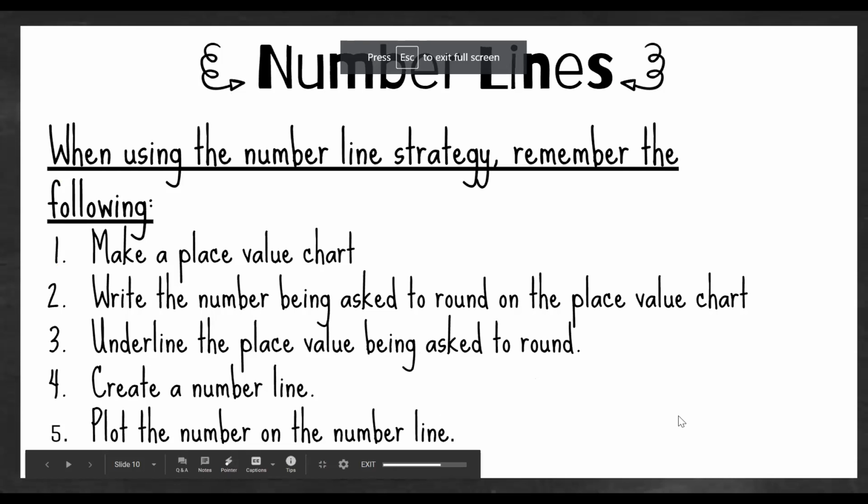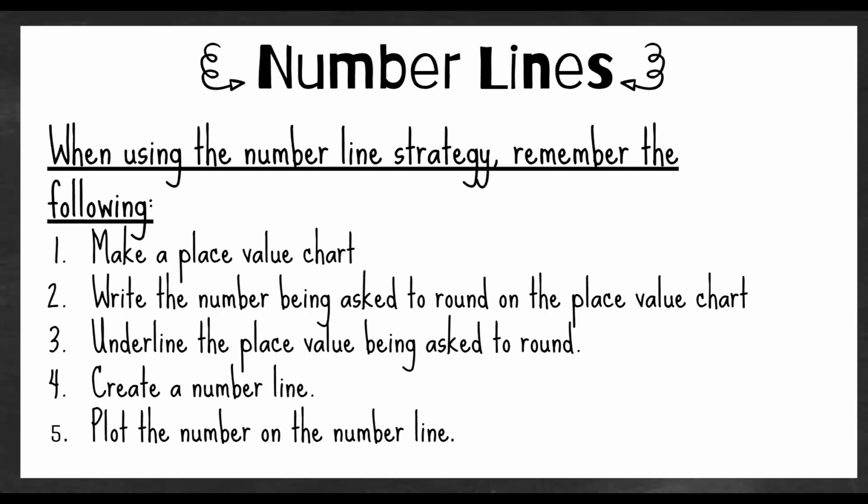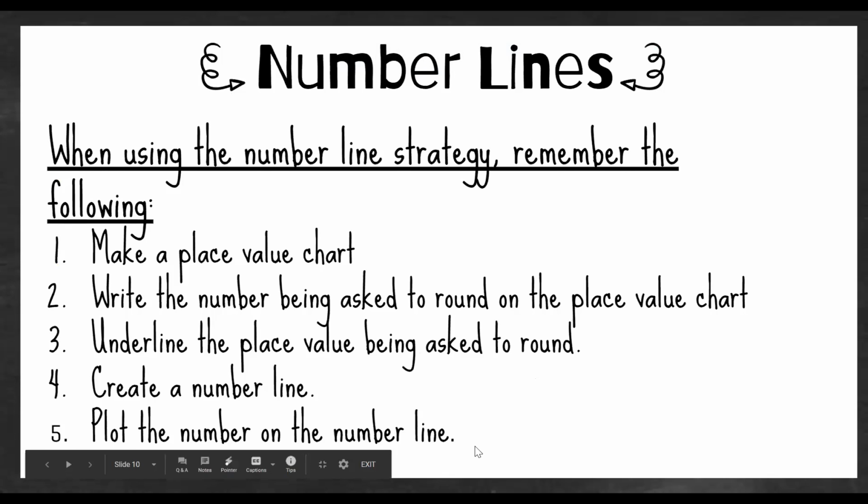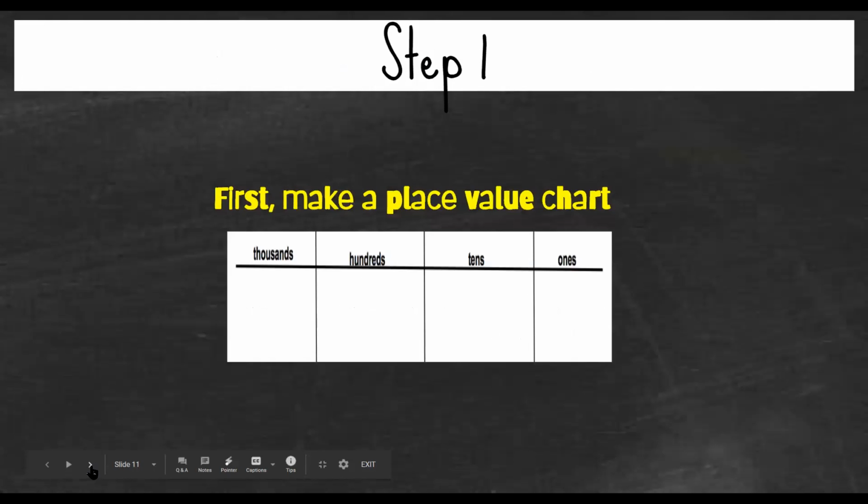When we're using the number line strategy, remember that we already used the other steps: making the place value chart, writing the numbers we're being asked to round, and underlining the place value being asked to round. We're going to create our number line again, plot those numbers, and look at where we're rounding to and which two numbers ours falls between. So again, step one, we make a place value chart like we did before.